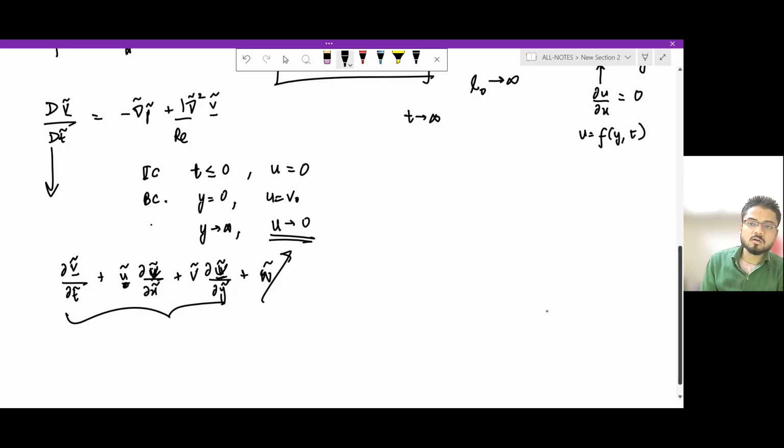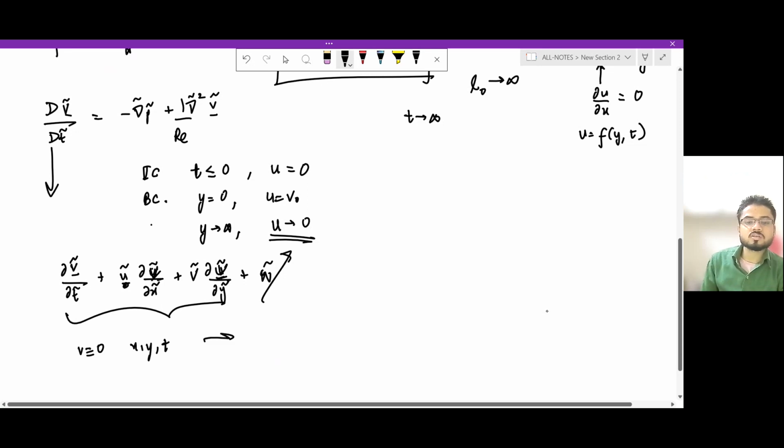Now we already know that we are having v identically equal to 0 for all x, y, t. What this would imply is that this entire equation can be reduced into a single equation, because this is effectively del u tilde over del t tilde x cap plus del v tilde over del t tilde y cap. So when v is 0, all of the y components vanish.